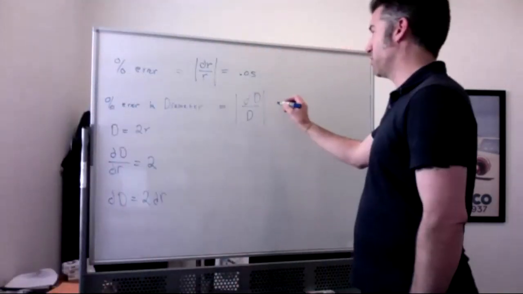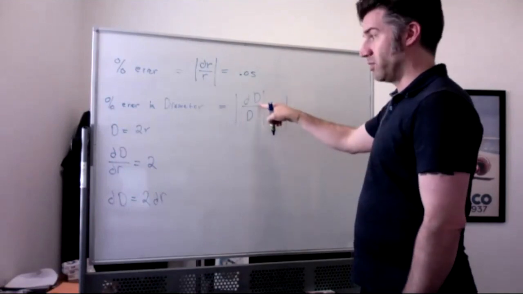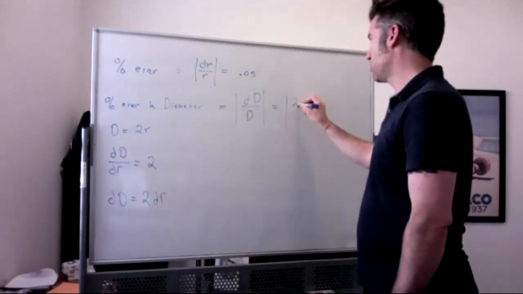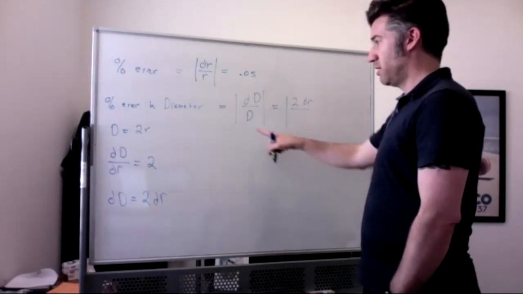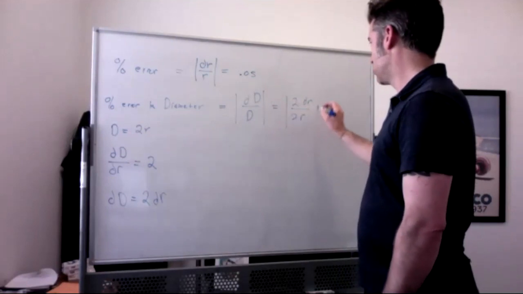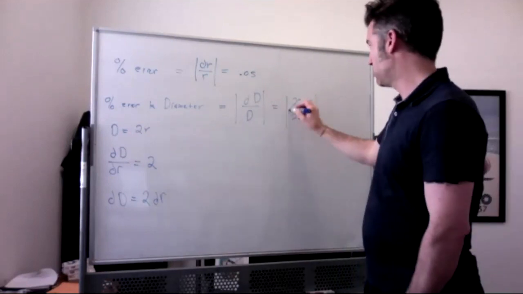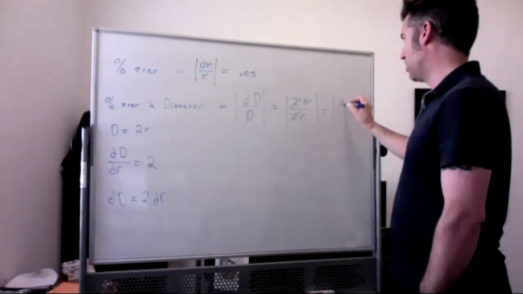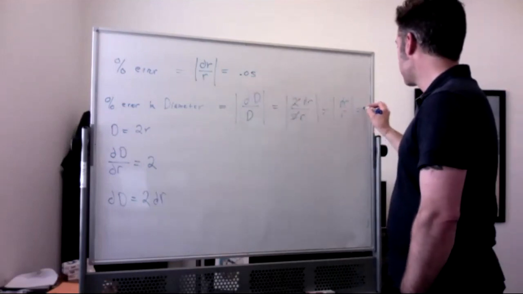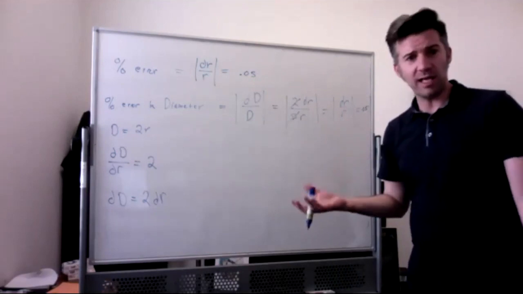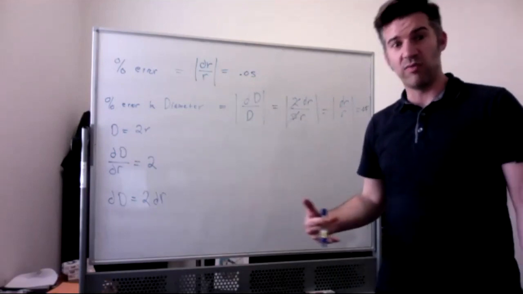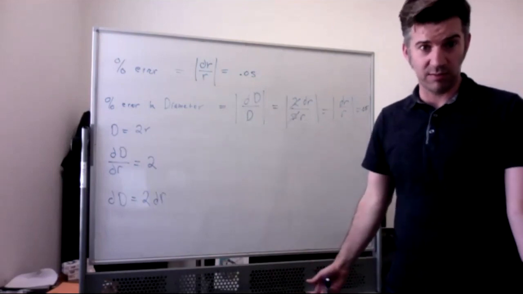I can replace this with, well, dd is 2dr, and d is 2r. The 2's cancel. I get dr over r, which you already know is 5%. So that's kind of interesting. If you measure the radius accurately to 5%, you've also measured the diameter accurately to 5%.